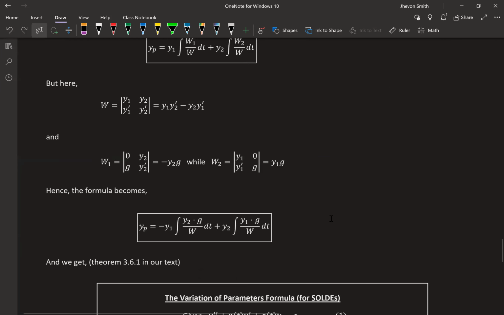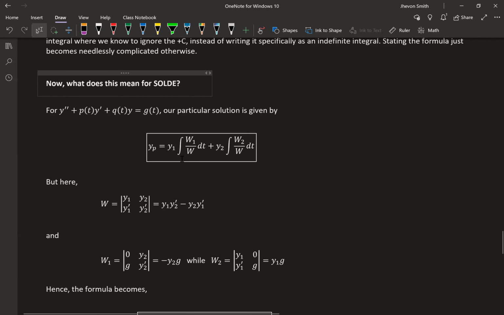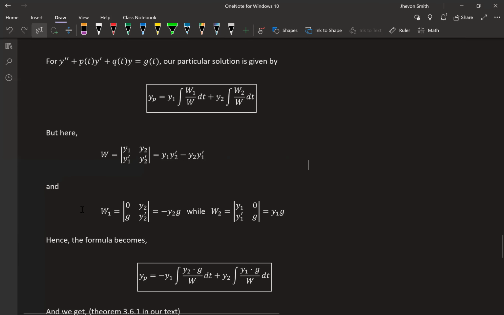Okay, and that leads us to this formula, which has no typo, right? So for a second order linear differential equation, if you want to use variation of parameters to find the particular solution, you end up doing this formula here.